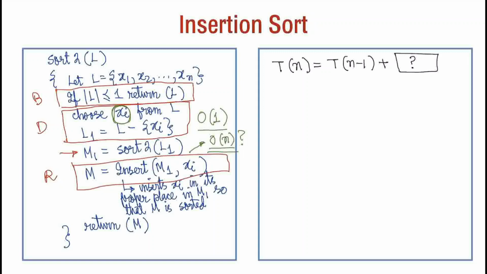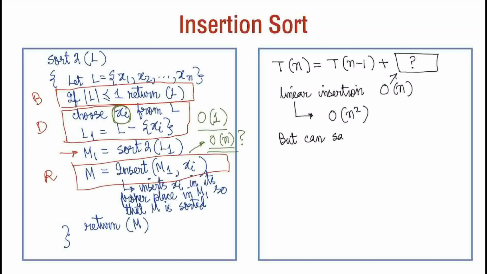Now if it is a linear insertion, then this will become order n, and in this case the algorithm will become order n squared. But since M1 is sorted, why don't we use binary search?